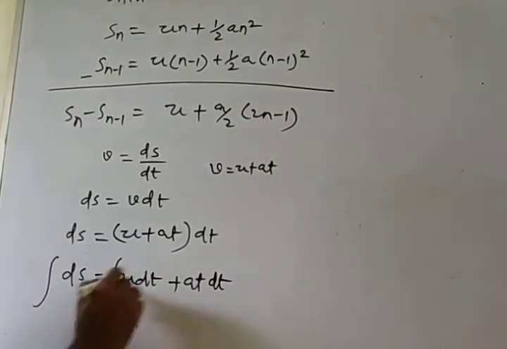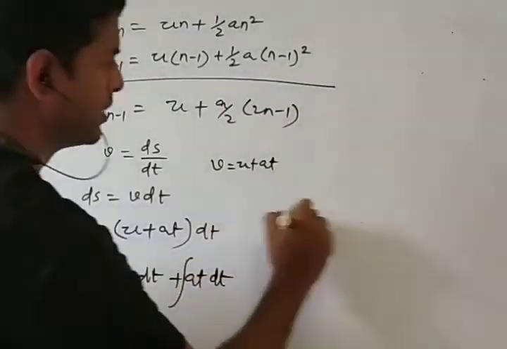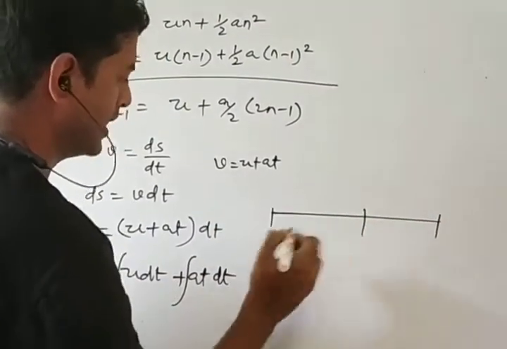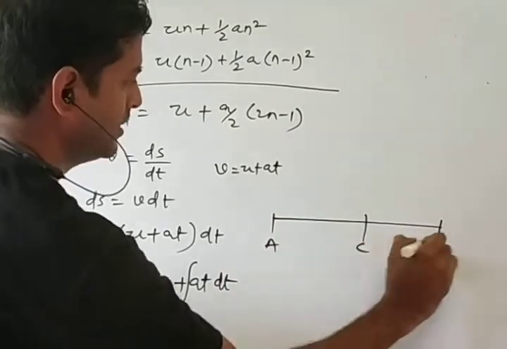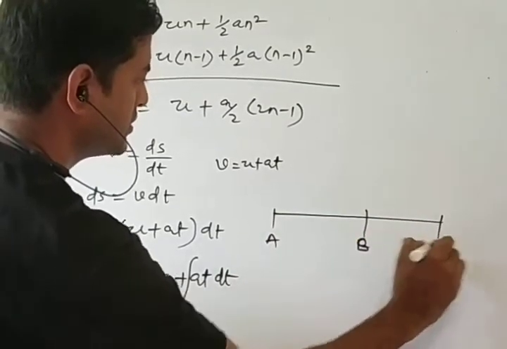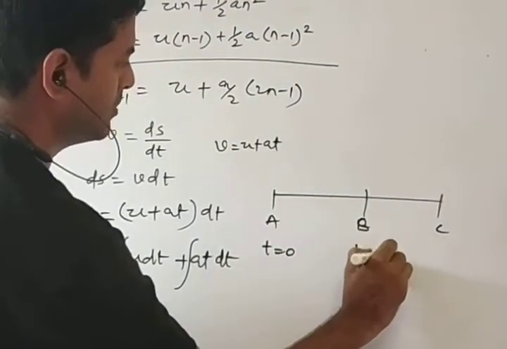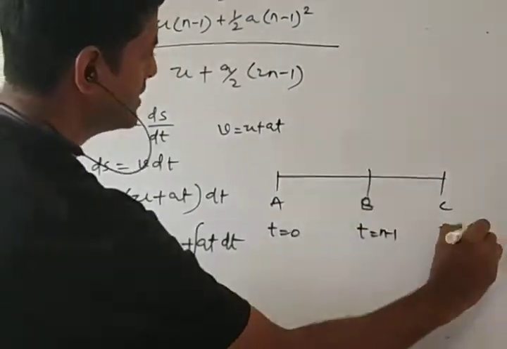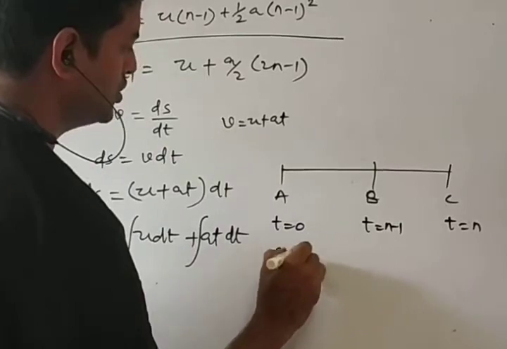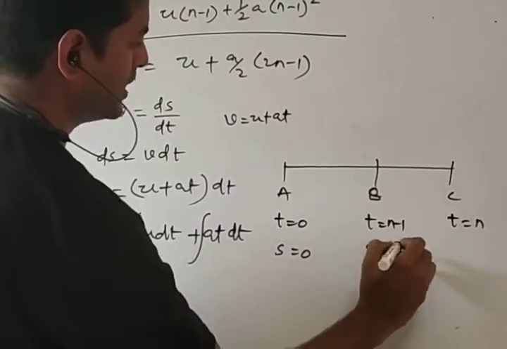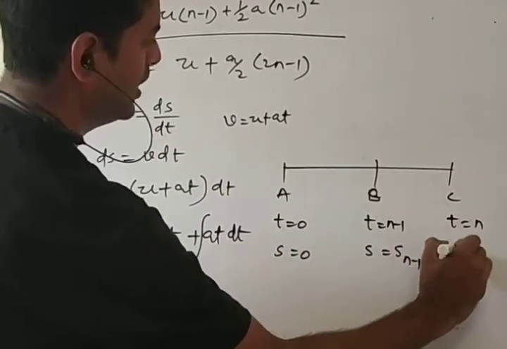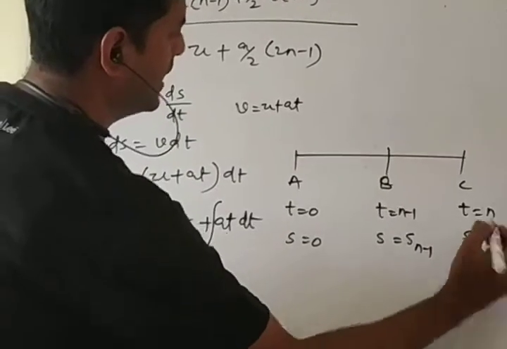Now I want to put integration. Let me draw a diagram here. This is A, this is B, this is C. Let's say here time taken is 0 seconds, here time taken is n minus 1 seconds, here time taken is n seconds. Here position is 0, here position is Sn minus 1, and here position is Sn.